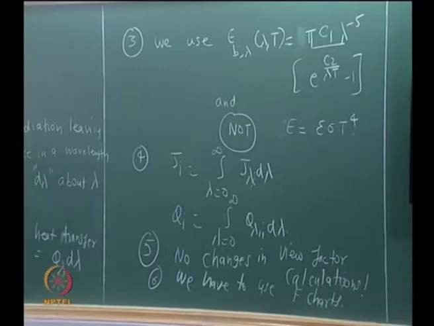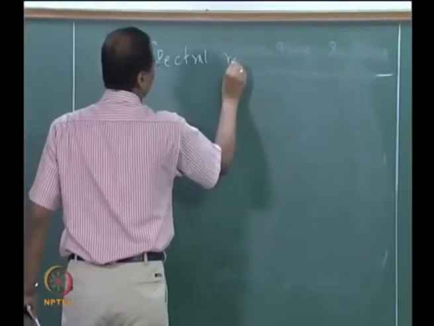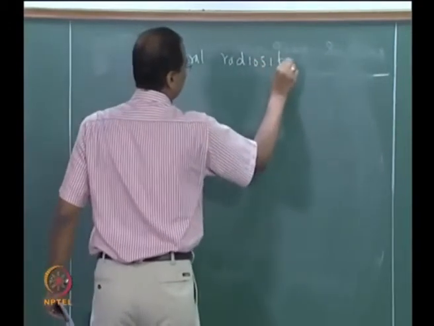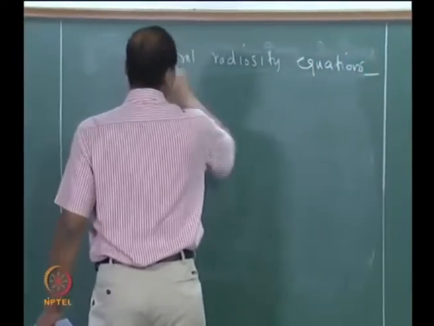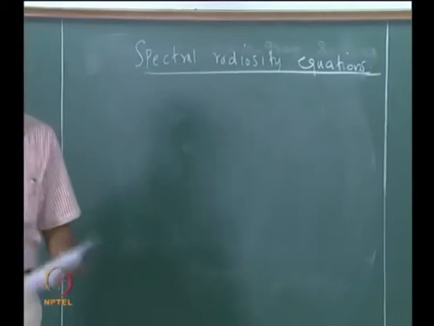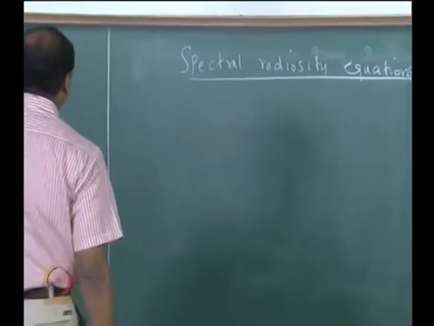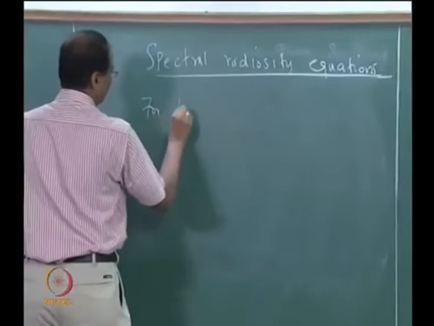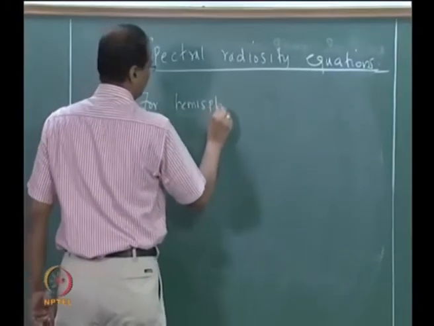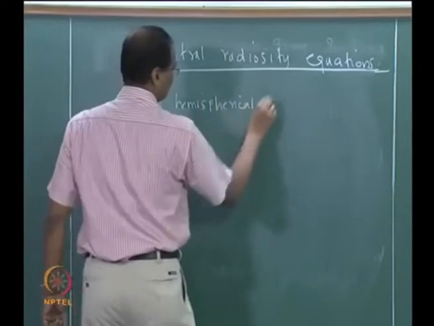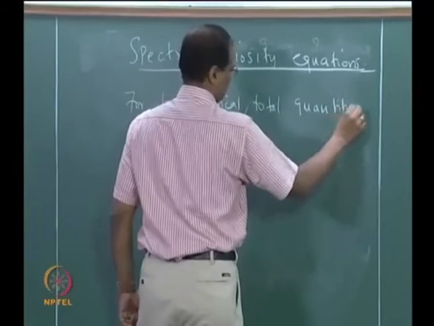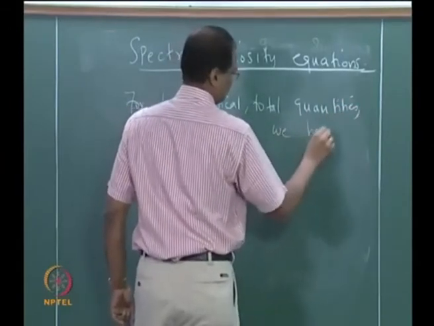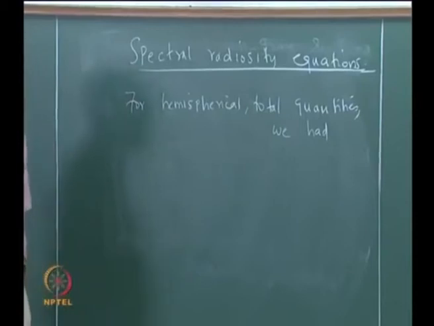So we will write the spectral radiosity equation. For hemispherical total quantities, what was the original radiosity?